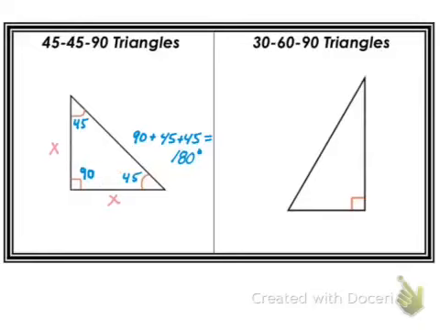Now the hypotenuse of that 45, 45, 90 triangle in comparison to the two legs is always equal to the side times root 2. So in a 45, 45, 90 triangle, this is how all the sides are related to one another. Two of the legs are congruent, and then the hypotenuse is always root 2 times more than one of the side lengths.